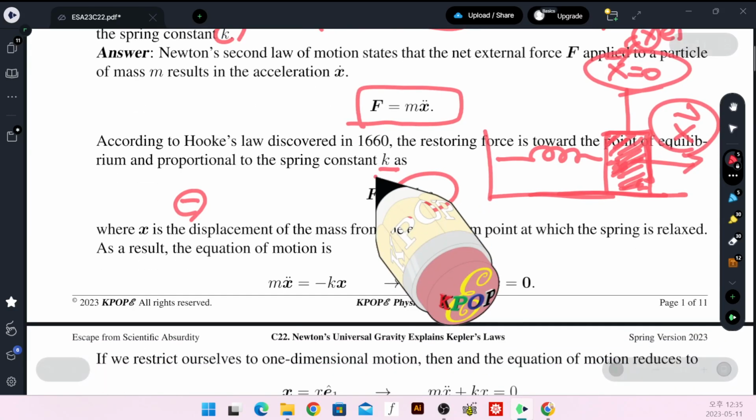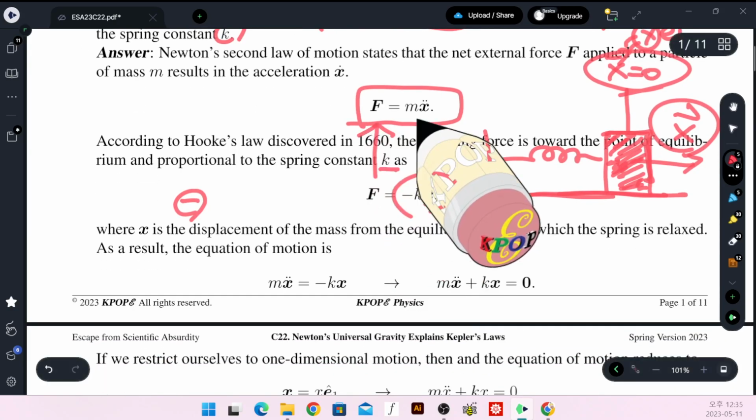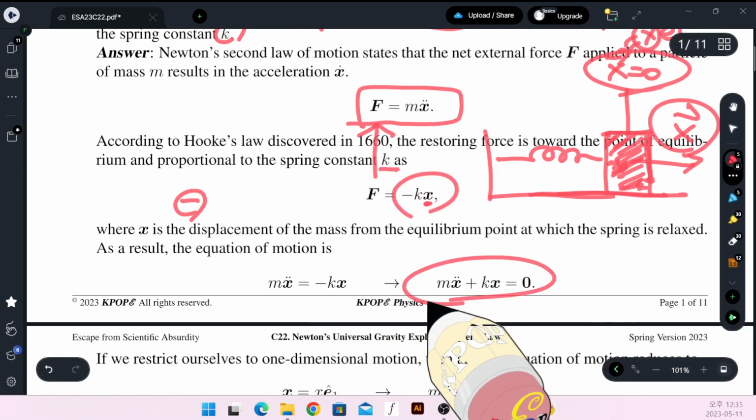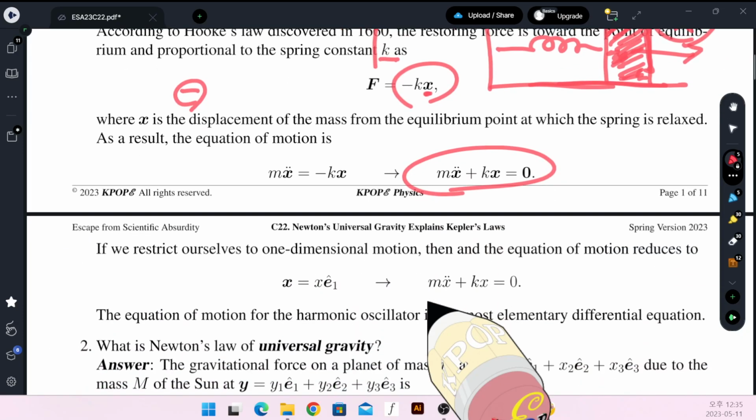If you insert this into Newton's second law of motion, the equation of motion becomes a second order linear differential equation. Remember that differential equations were created by physics, so to solve physics problems, people developed a theory of differential equations, just like calculus was developed by Newton to construct the shell theorem of the gravitational force.